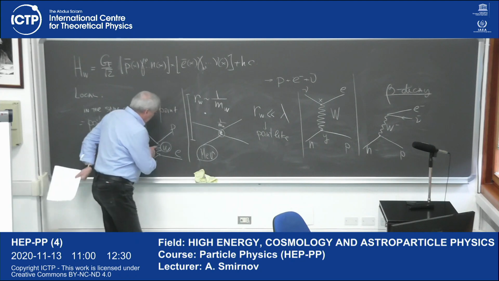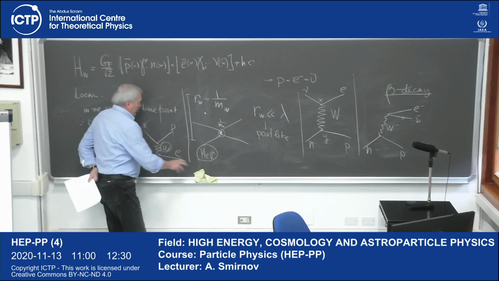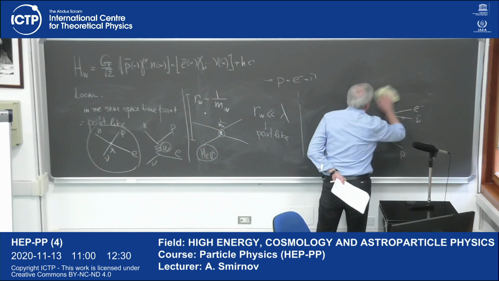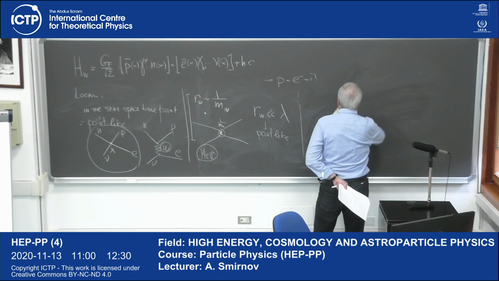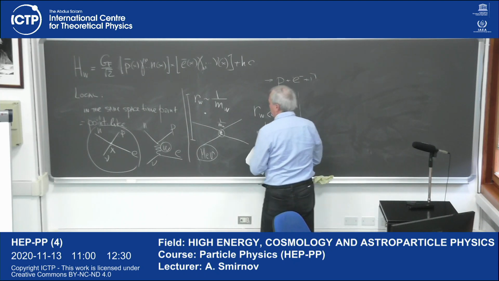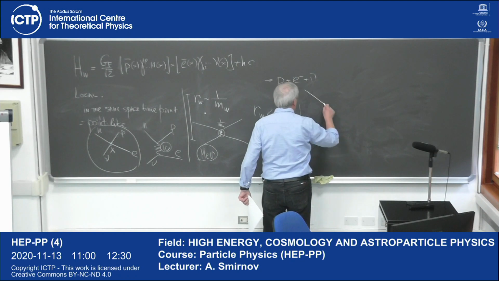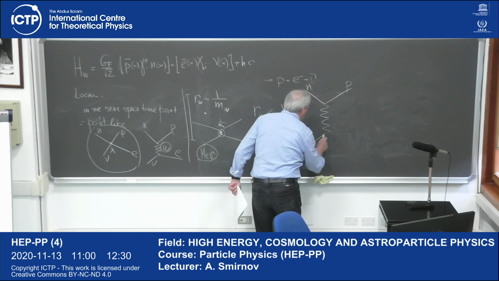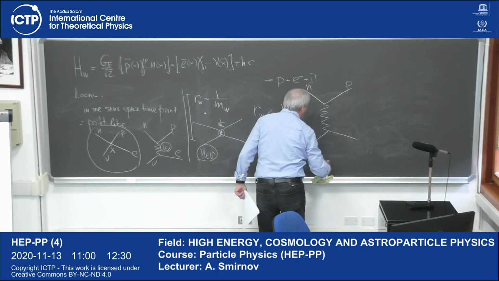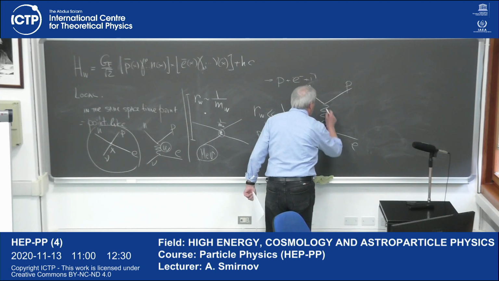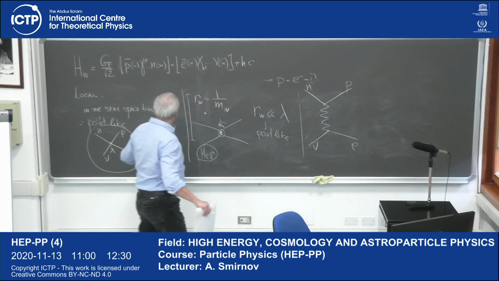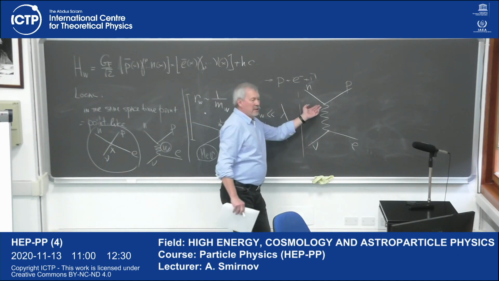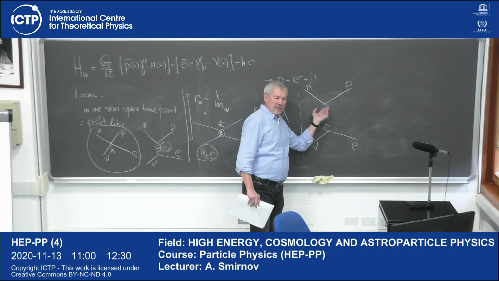There is another interesting and important consequence of this picture. Let me write the diagram again. Here we have n and p, and here we have nu and electron. Now instead of a four-fermion interaction, we have an interaction similar to what we have in electrodynamics.